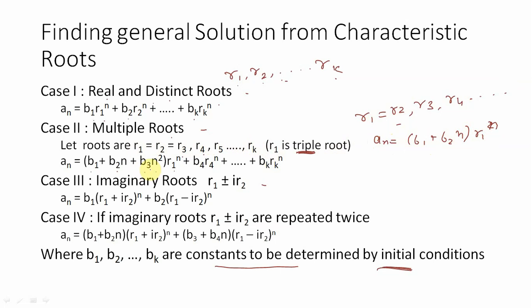So as it is a triple root, I'm having a polynomial of 3 terms. If it is a double root, it will be a polynomial of 2 terms. From this point onwards, as all the remaining roots are distinct, I'll be following the earlier convention. So I'll have b4 r4 to the power n plus b5 r5 to the power n and so on and so forth.